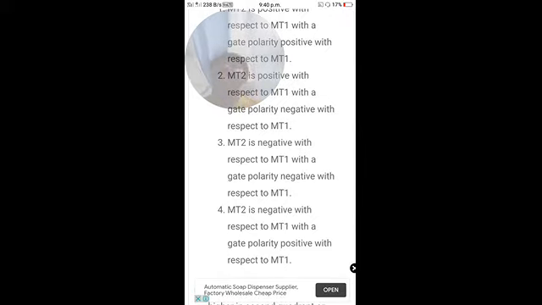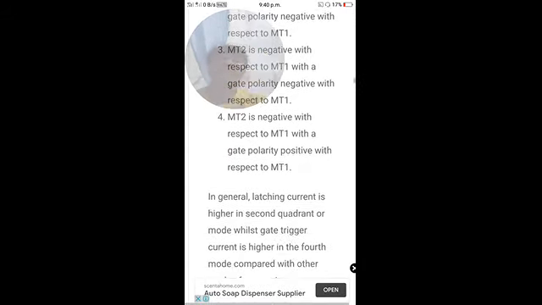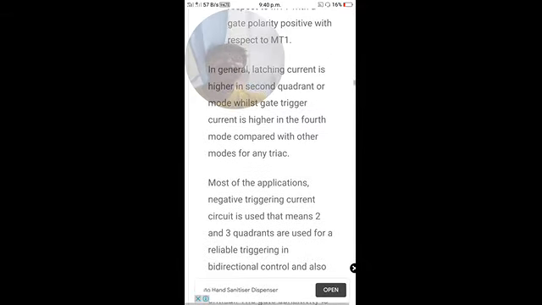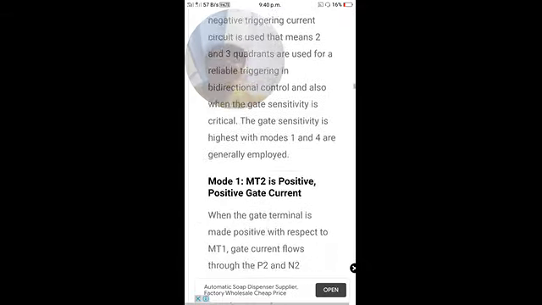That is, these are the 4 modes of operation of a triac. Let us see one by one how the triac is going to be conducting in the 4 different modes.